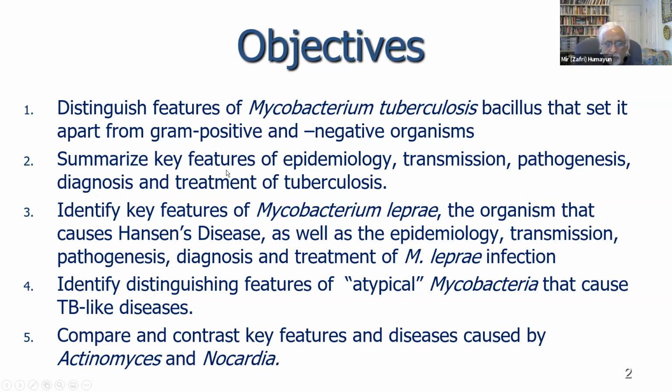Also, our objective is to summarize key features of the epidemiology, transmission, pathogenesis, and diagnosis, as well as treatment of tuberculosis, and then identify key features of Mycobacterium leprae, the organism that causes Hansen's disease, as well as the epidemiology, transmission, pathogenesis, diagnosis, and treatment of Mycobacterium leprae infections.